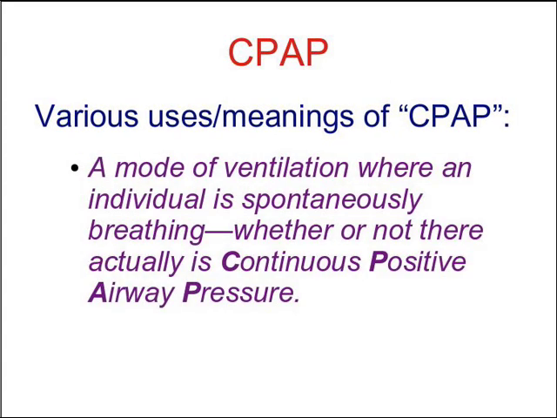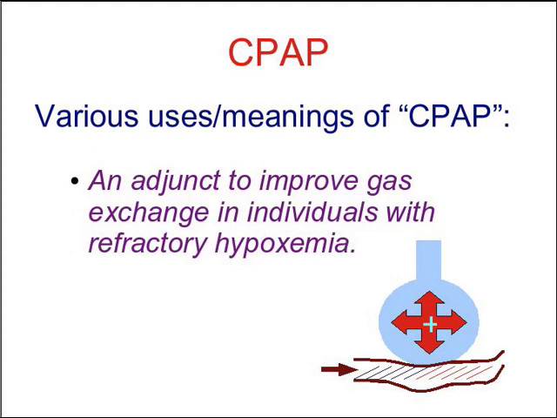The word CPAP is also used to mean a mode of ventilation where a patient is breathing spontaneously. It may literally be CPAP in that you have continuous positive airway pressure, or it may not be. And finally, the meaning that's most relevant here is CPAP as an adjunct to improve gas exchange in individuals with refractory hypoxemia. I'll explain that a little more.